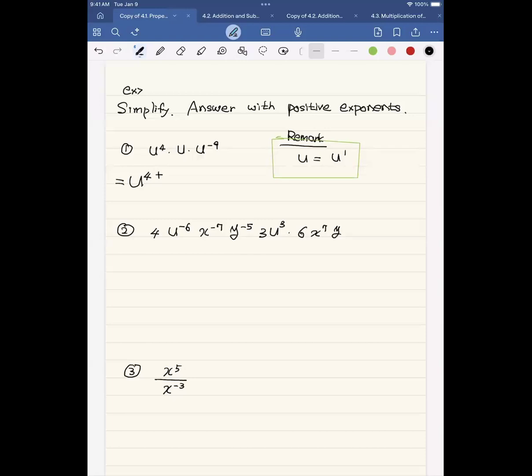No number appears here, but we have to put 1 minus 9 and that's u to the negative 4th power. In the problem, we have to use positive exponents. So that is 1 over u to the 4th power, because I said 1 over u to the nth power is u to the negative nth power.